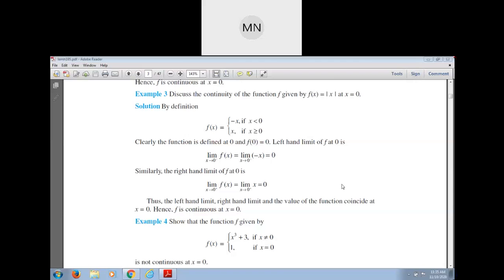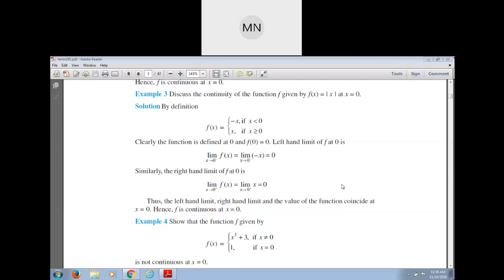And it equals the limit as x tends to c plus of f of x. This indicates the right hand limit of the function f at the point c. If the left hand limit equals the right hand limit equals the functional value, that is f of c, if all are equal, then we say that the function is continuous at x equals c.